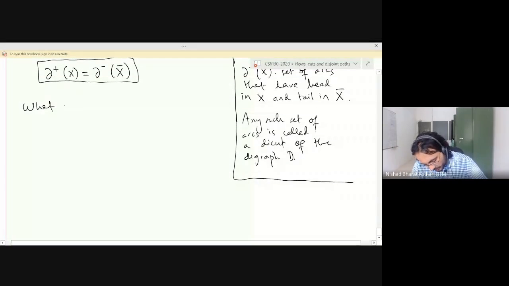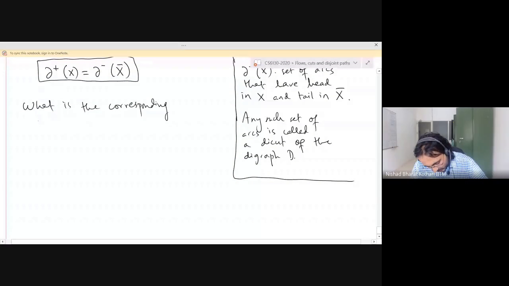What do you think is going to be the corresponding minimization problem?